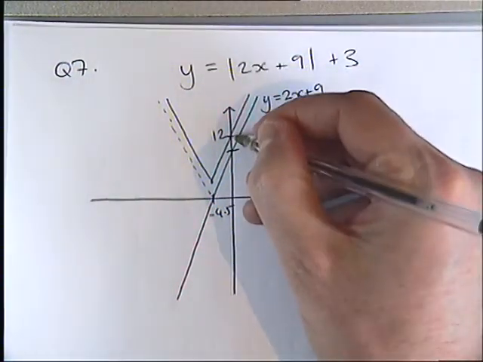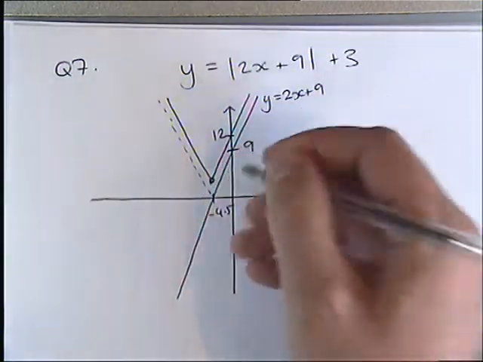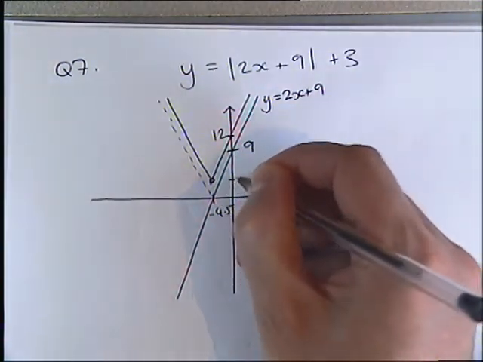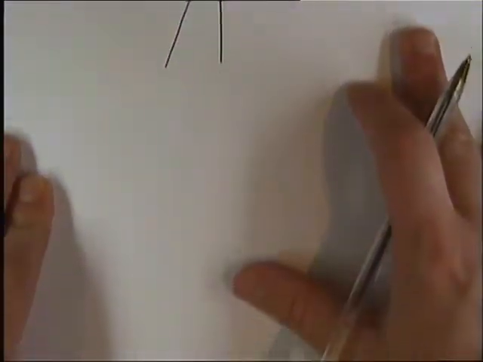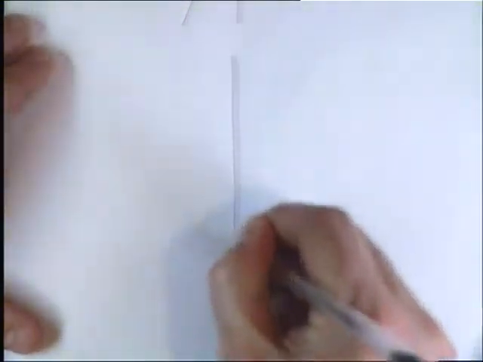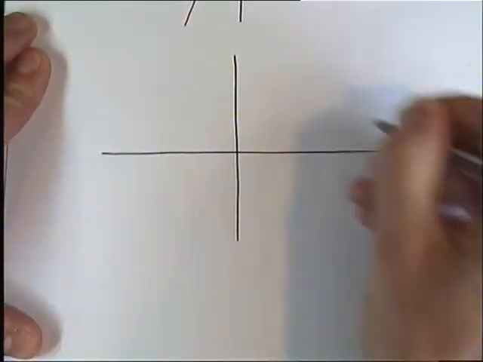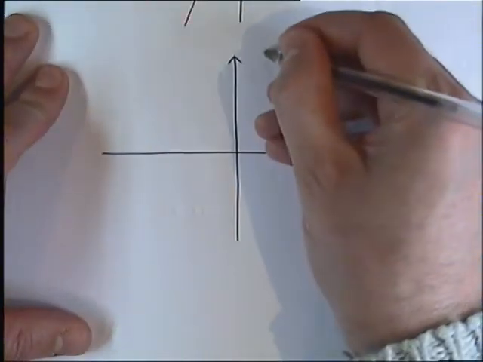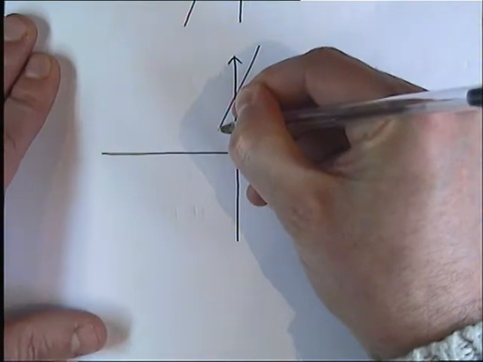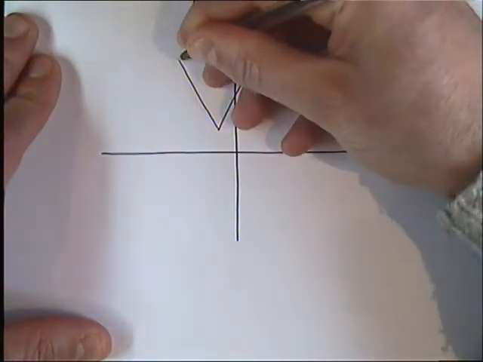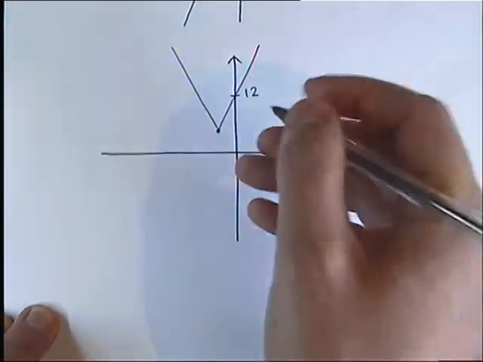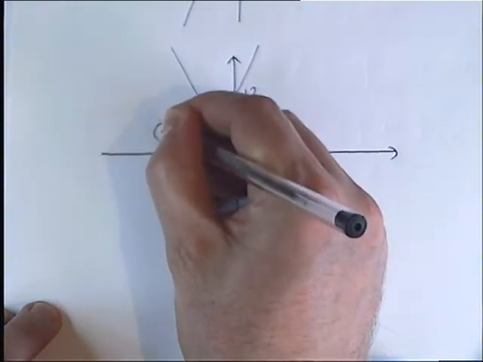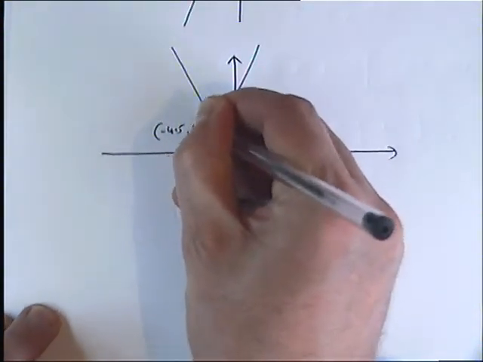So it's gone up by 3, and the coordinate of that point there is going to be minus 4.5, 3. So to draw it a little bit more clearly, my graph needs to look like this, passing through 12, and the coordinates of that point, minus 4.5, 3.